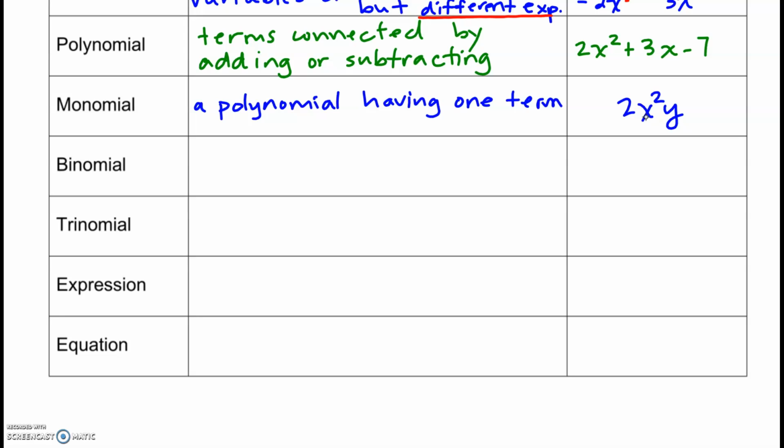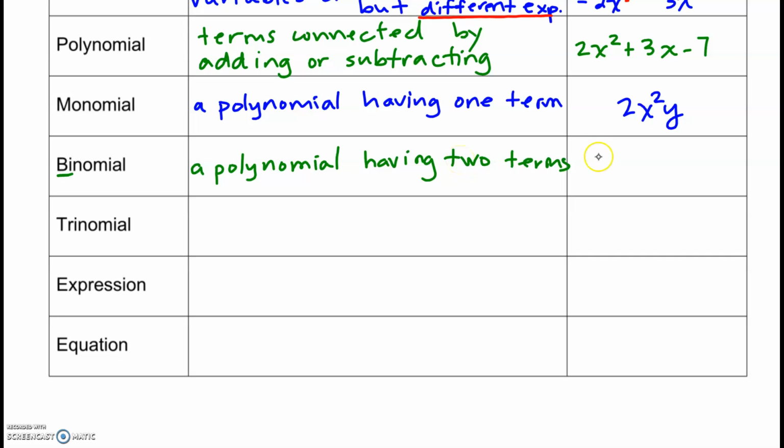Okay, let's look at a binomial. A binomial is a polynomial having 2 terms. And for this one, I think of a bicycle. A bicycle has 2 wheels, so 2 terms.